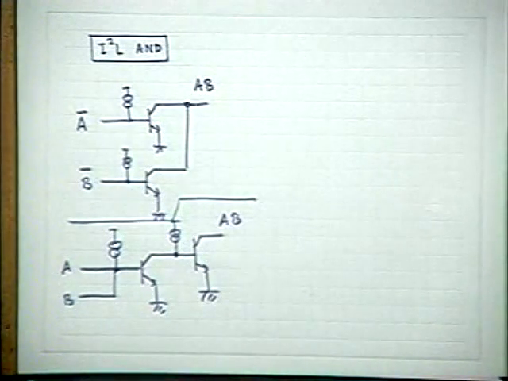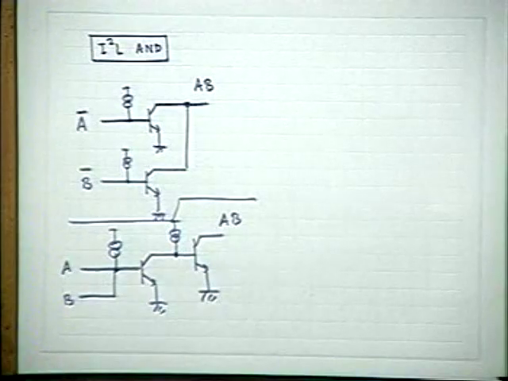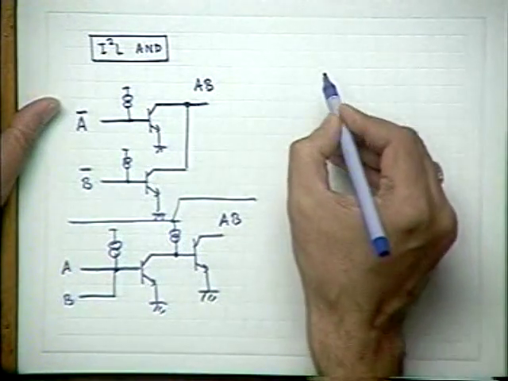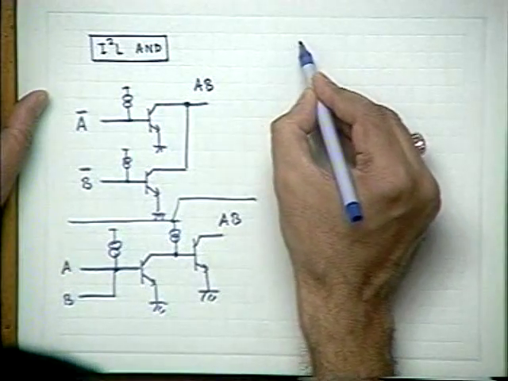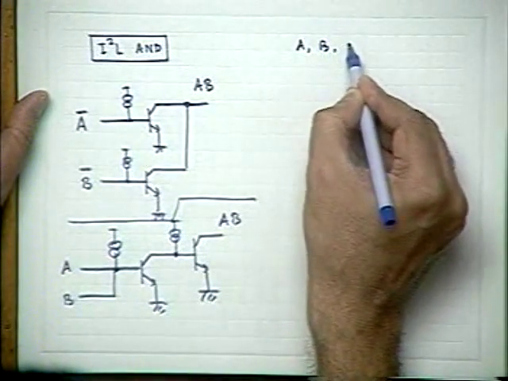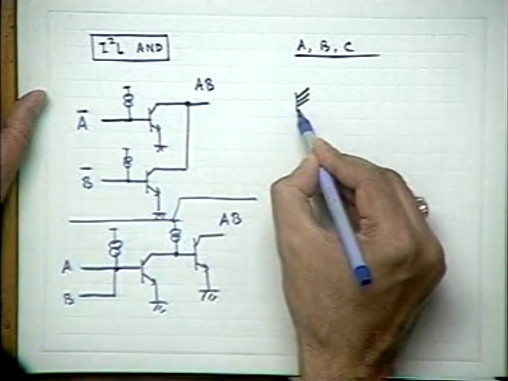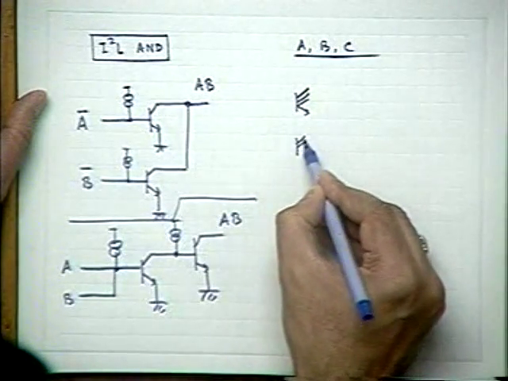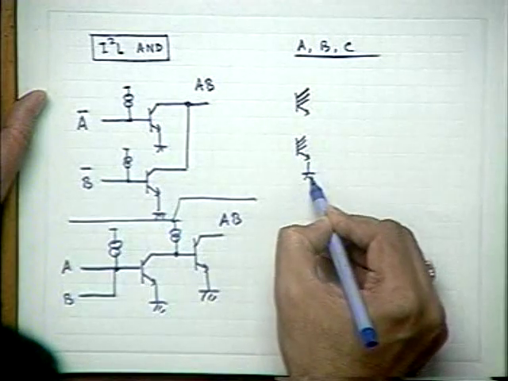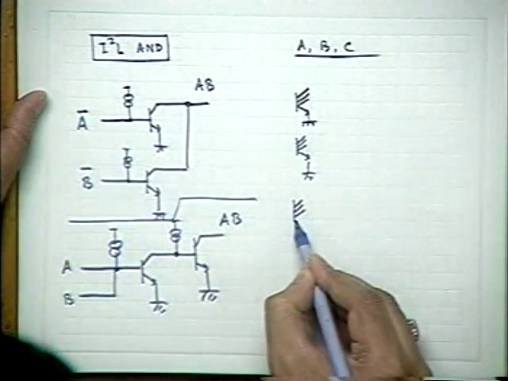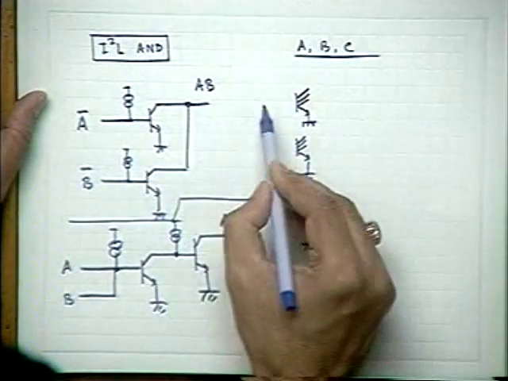Suppose you want to produce functions like this. You have to produce multiple functions out of A, B, and C variables as before. So you make use of, as before, a number of transistors same as the number of input variables.